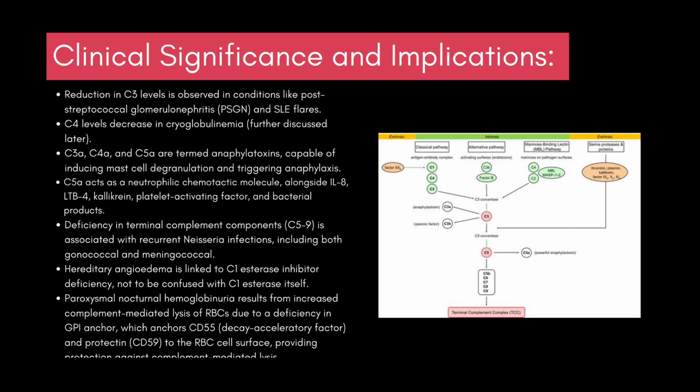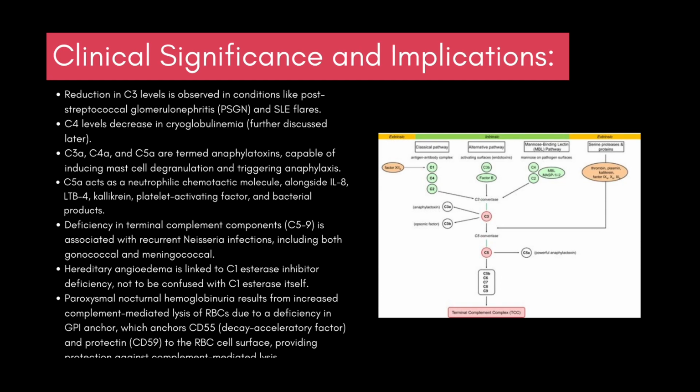Deficiency in terminal complement components, C5 to C9, is associated with recurrent Neisseria infections, including both gonococcal and meningococcal. Hereditary angioedema is linked to C1 esterase inhibitor deficiency, not to be confused with C1 esterase itself.